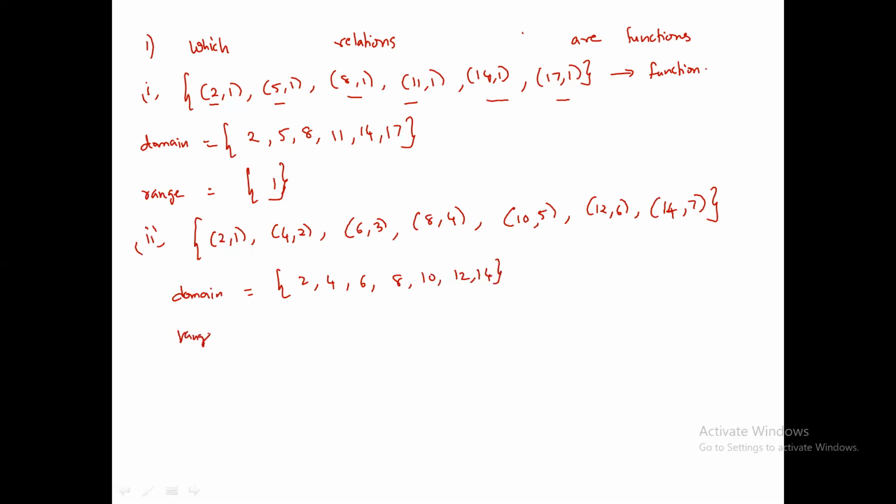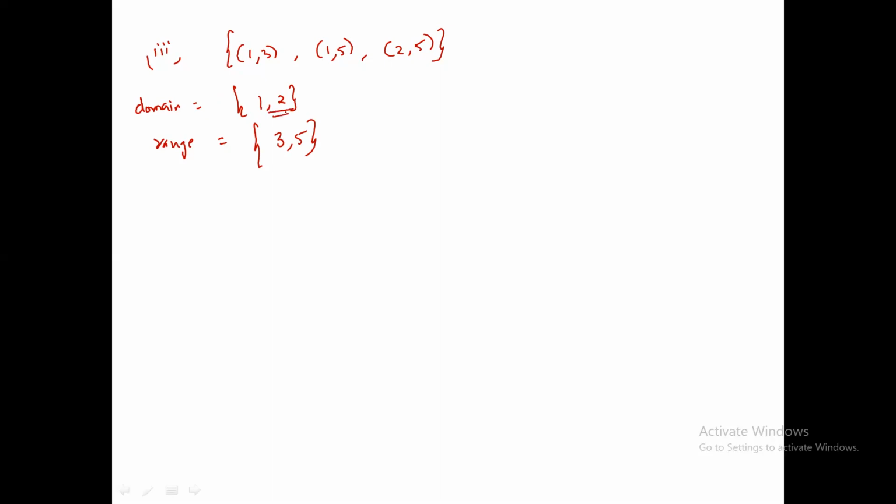For range, you will write all the y's: 1, 2, 3, 4, 5, 6, 7. So you can see from the domain, all the x's are taken. And no x is repeating. That means this relation is also a function.